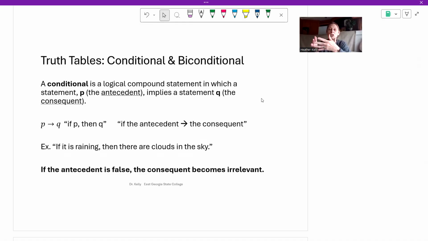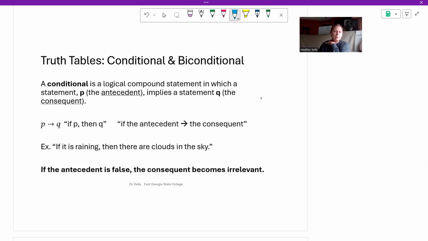Now, the conditional is a logical compound statement in which the statement P, we usually use P's and Q's with the conditional, the statement P is called the antecedent, implies a statement Q, which is called the consequent. I'm sorry to use that obnoxious language, but I'm going to have to use it a little bit here in this unit.